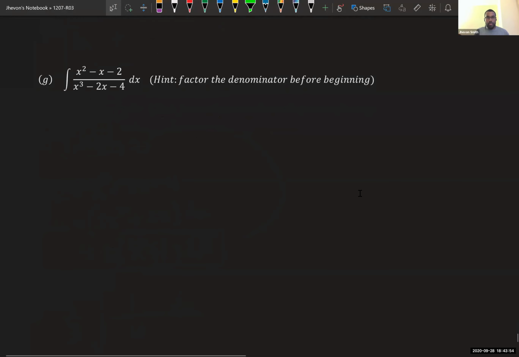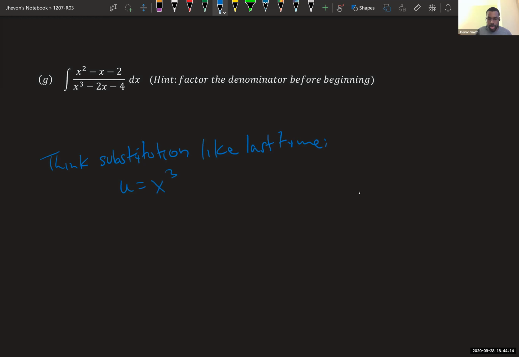However, this one, had I tried the same trick, had I thought substitution like last time, I would say, well, obviously I'd want to substitute the denominator. That's just a basic substitution strategy. Your du here would be 3x squared minus 2.